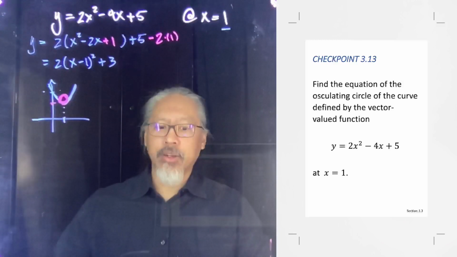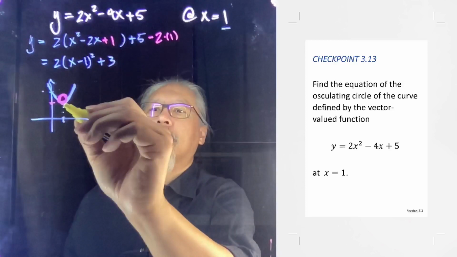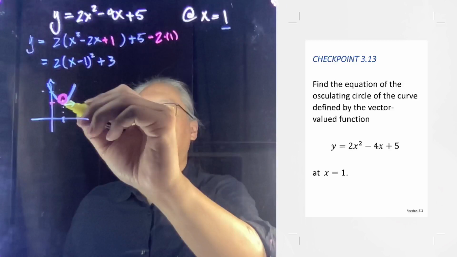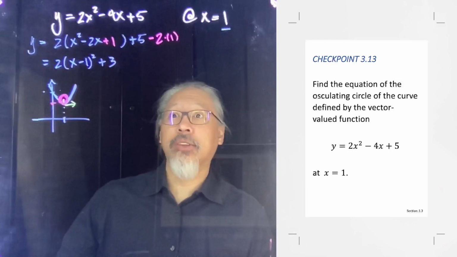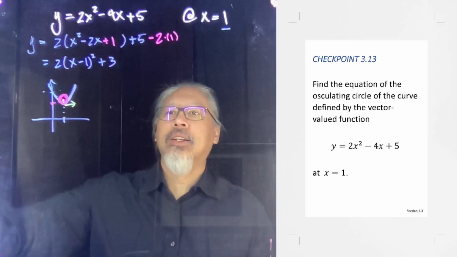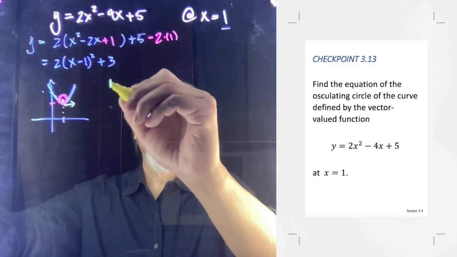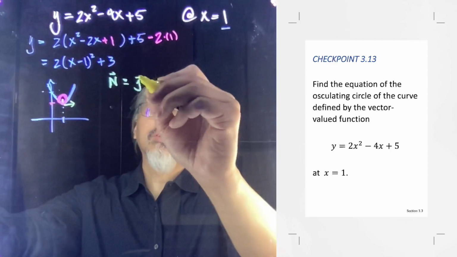But what is important here is that since this is a minimum, your tangent vector would be horizontal, which means your normal vector would be going straight up. And so I guess there was an advantage of drawing this graph that helps us find our normal vector. So your normal vector is just going to go in the j direction.